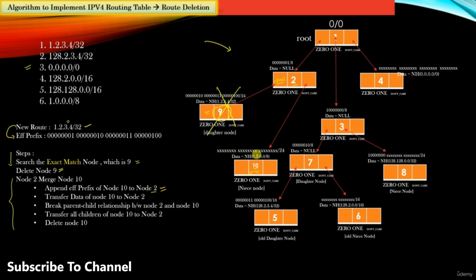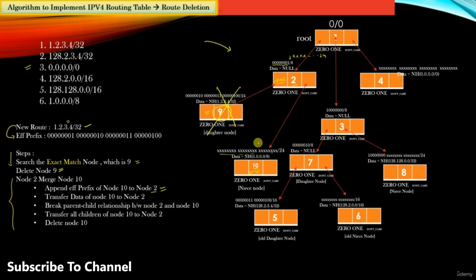The effective prefix of the node 10 contains 24 don't care bits. So the effective prefix of the node 2 would become the effective prefix which it already has, appended by the effective prefix of the node 10, which is 24 times don't care.